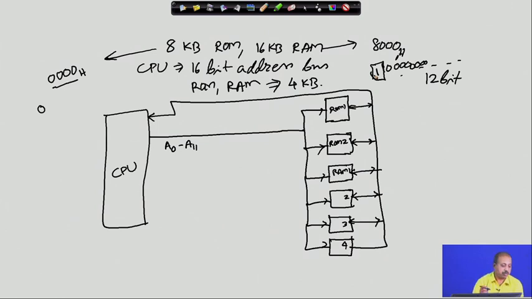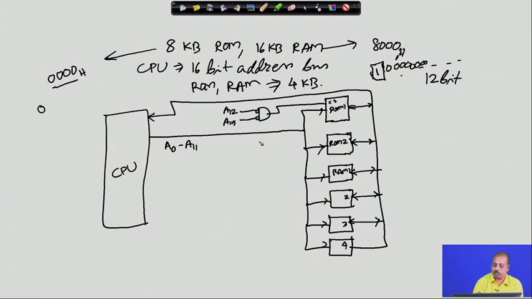For differentiating between these two ROMs, we put this type of gate, where the lines A15 and A12 are connected. When A12 and A15 are both 0, this will connect to the chip select of this ROM chip.